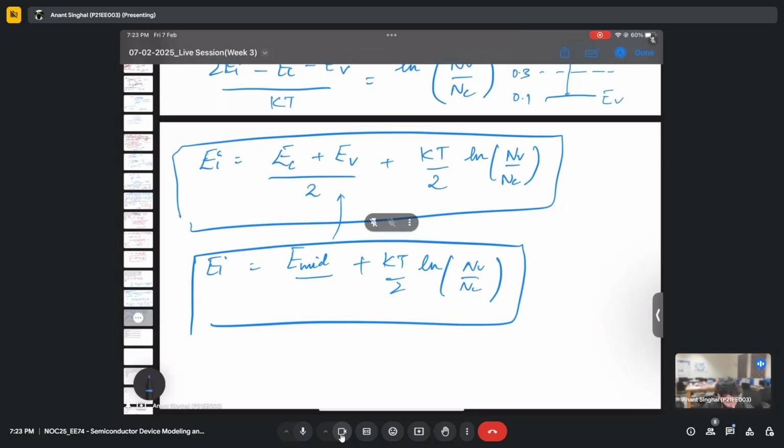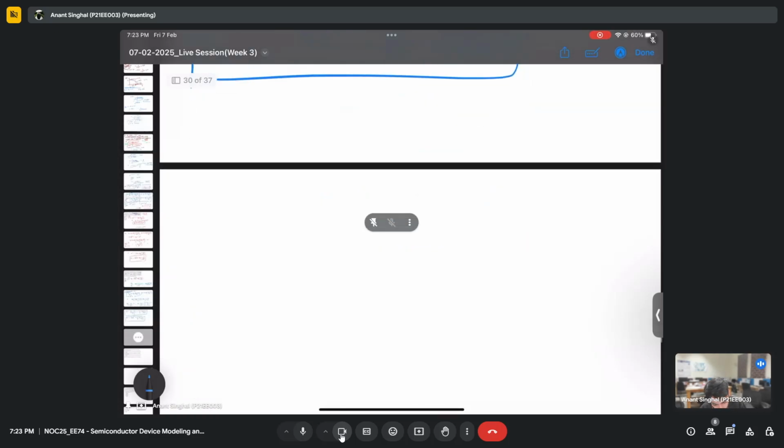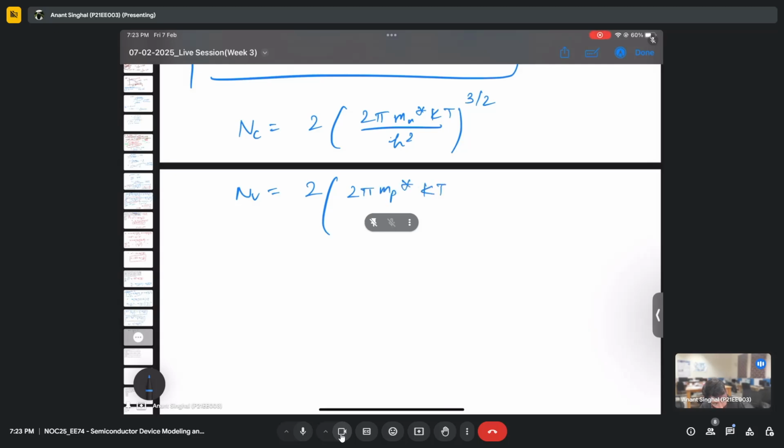Now for Nv and Nc, we also have a relation. I'm not deriving it. This is the relation: Nc is 2 pi mn star kT over h square to the power 3 by 2. Similarly, Nv has also a relation with 2 pi mp star. The only difference is the effective mass, the rest everything is the same.